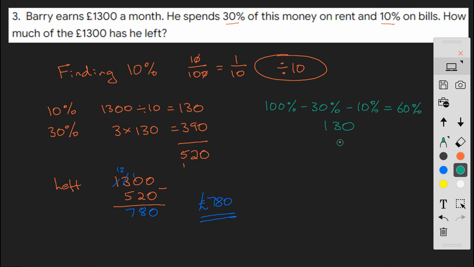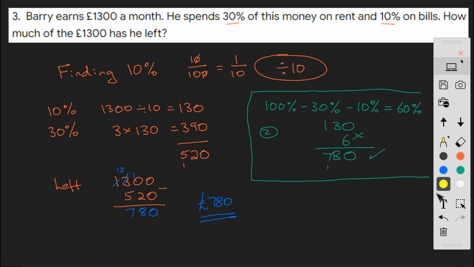So let's have a look at that. 6 times 130, 6 noughts are 0, 6 threes are 18, carry 1, 6, 1, 780. So look, we see that we get 780 again. A second way of doing that calculation.